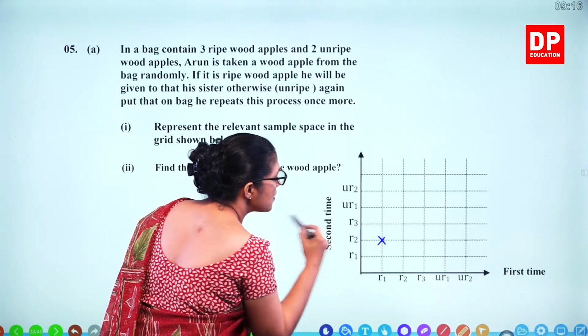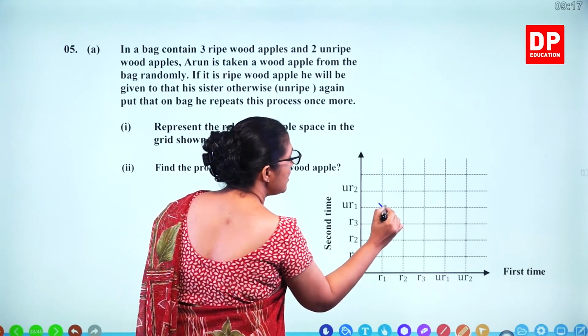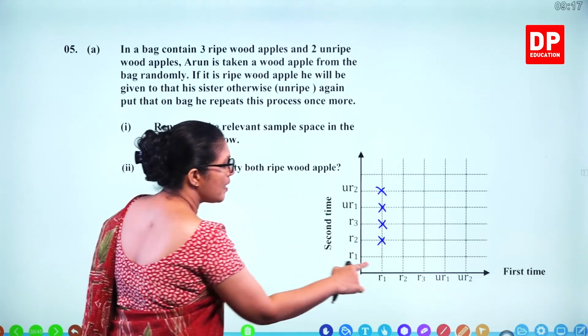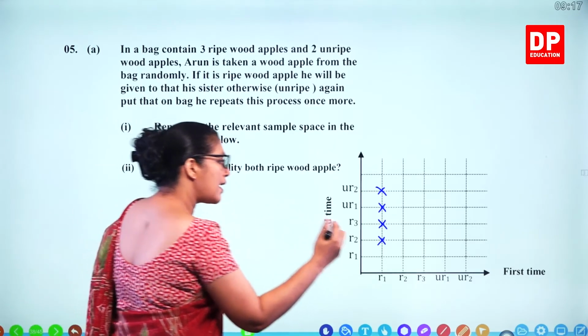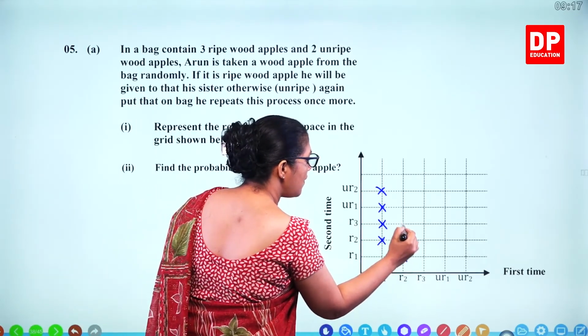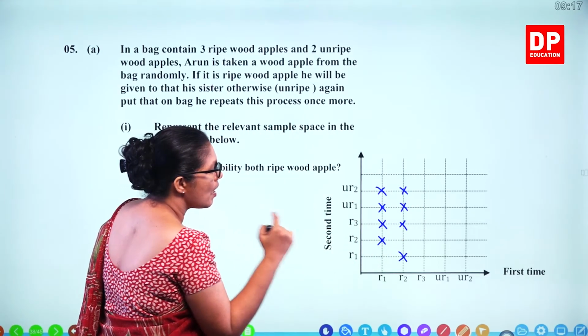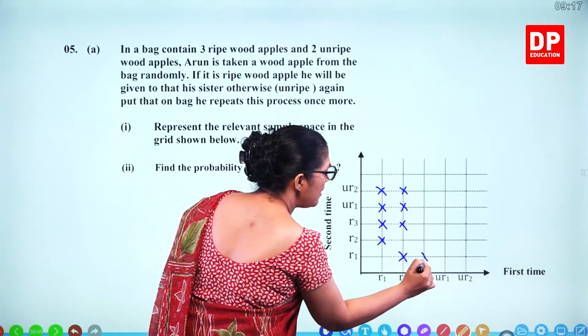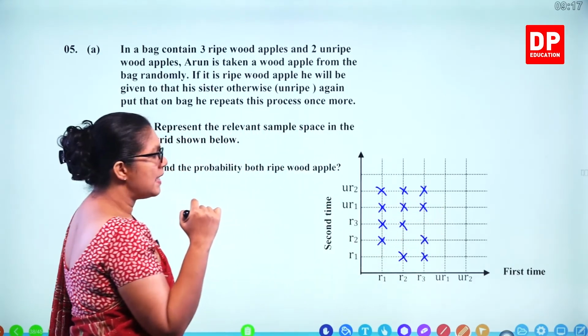So this becomes R2, R3, this one and this one. If he takes R2, that's a ripe one, he can't take it again because he is giving it to his sister. So these are the other possibilities. What about R3? Then he can't take R3. These are the other possibilities.